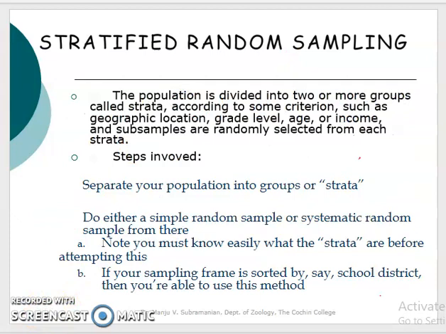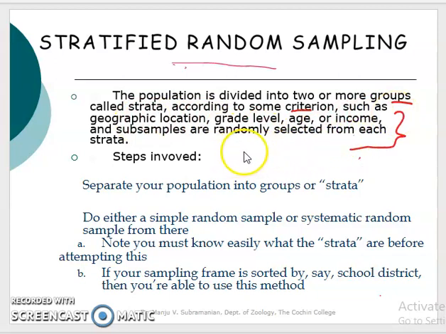So again, the next type of sampling is stratified random sampling, which is similar to what we simply call stratified sampling. The population is divided into two or more groups called strata according to some criteria, such as the geographical level or the grade level or the income level.